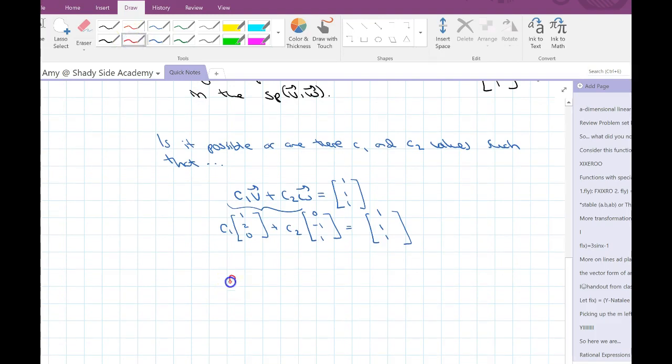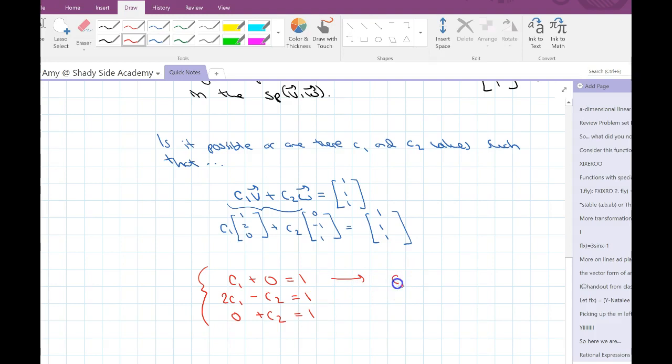All right, so I'm going to just do this. C1 plus C2 times 0, which is 0, equals 1. 2C1 minus C2 will equal 1, and 0 plus C2 equals 1. Well, this one turned out to be incredibly easy. This is just number 20, part A. Well, look at this.